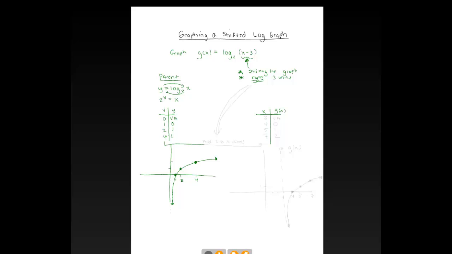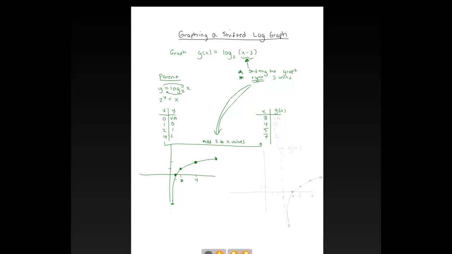Because again, shifting right 3 units means to add 3 to x values. So 0 plus 3 is 3, 1 plus 3 is 4, 2 plus 3 is 5, and 4 plus 3 is 7. So there's my new x values.